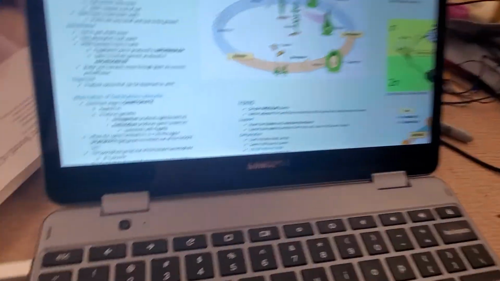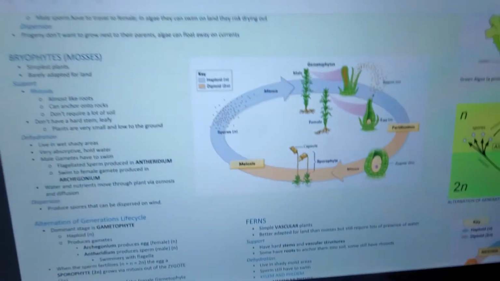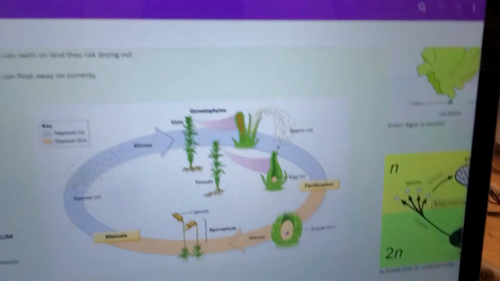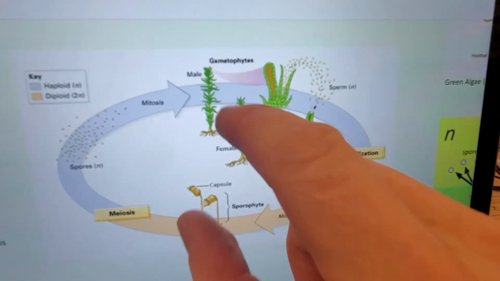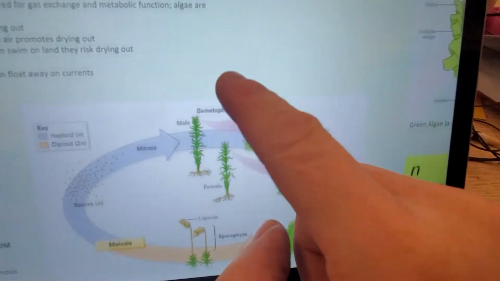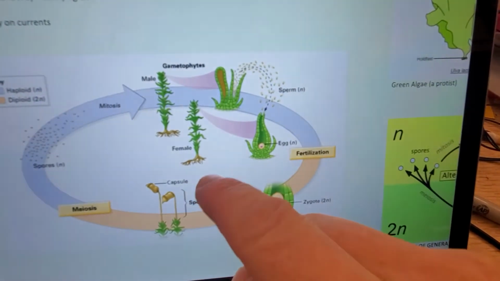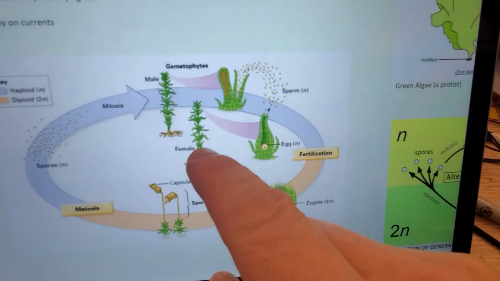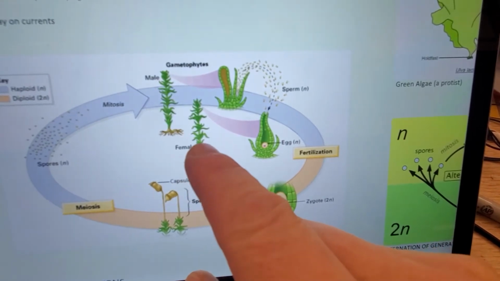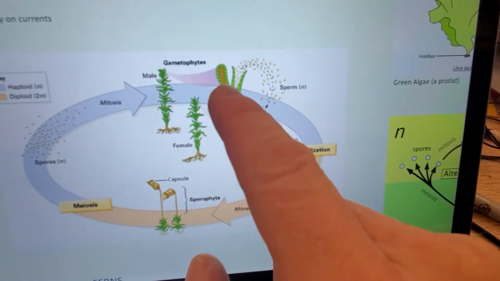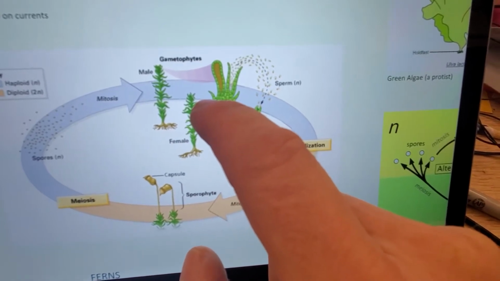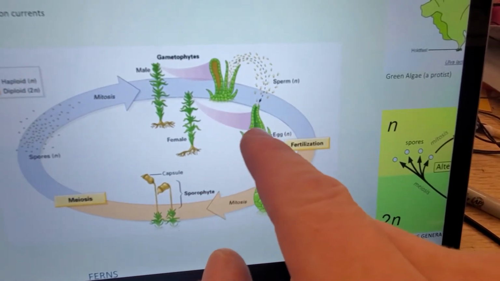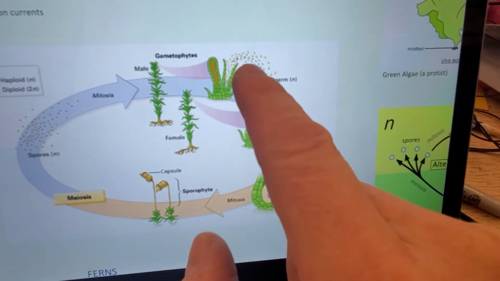So this is the bryophyte life cycle, right? So where should we start with it? Well, let's just start with a female and a male. So you have a male plant, a female plant, and a female plant will produce an egg, and a male plant will produce sperm.